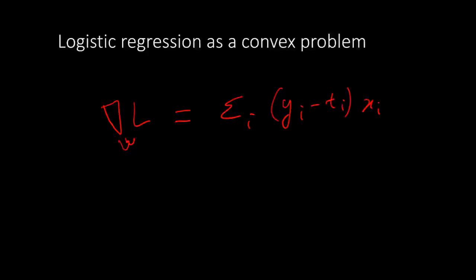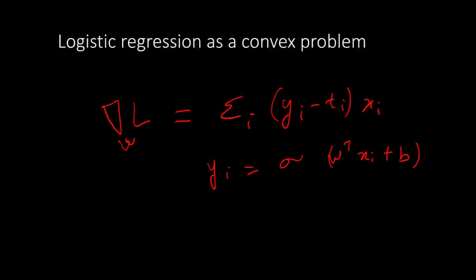Once we plug this into the logistic regression formula, we can do gradient descent and get the solution. And what is y_i? y_i is sigma of w transpose x_i plus b.